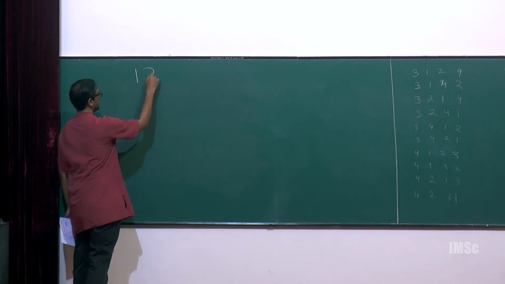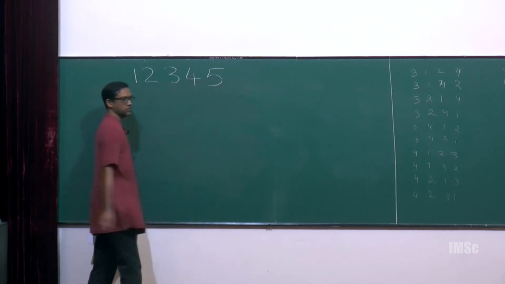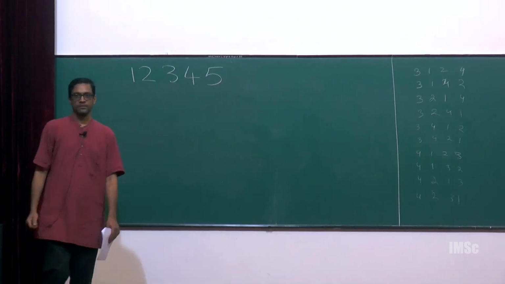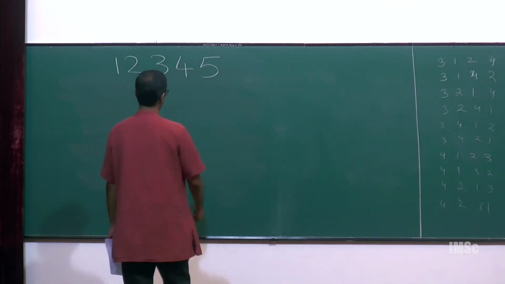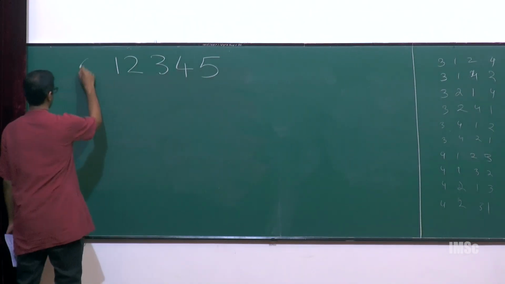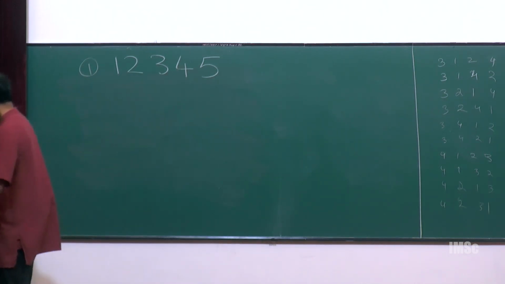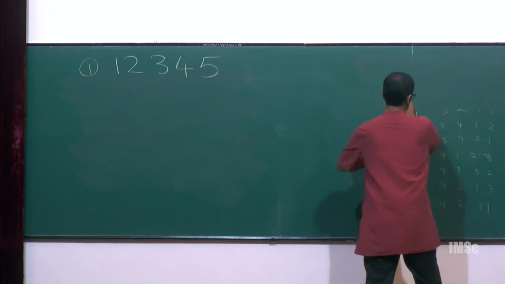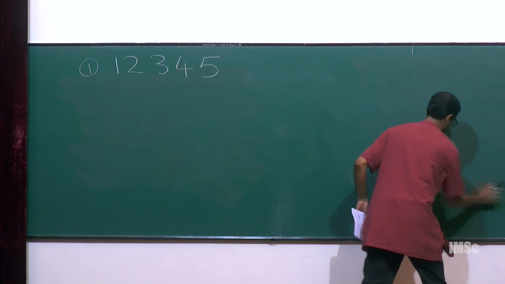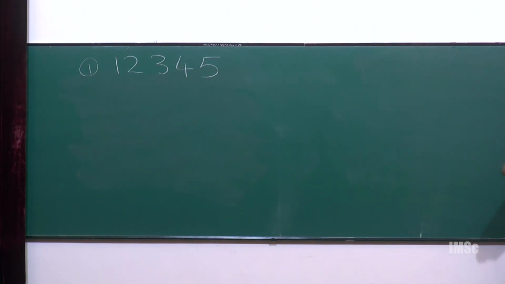So for example, the very first permutation would look like this, of course, 1, 2, 3, 4, 5, right? And what would be the very last permutation? So this is roll number 1, if you wish, in alphabetical order, and roll number 120 would be 5, 4, 3, 2, 1. Okay, so that's the very last one.